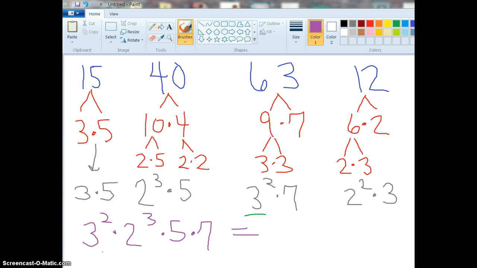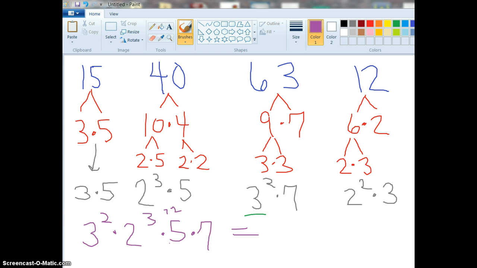Now when you multiply everything together, 3 squared will give you 9, 2 cubed will give you 8, so 9 times 8 will give you 72. 72 times 5 would give you 360.